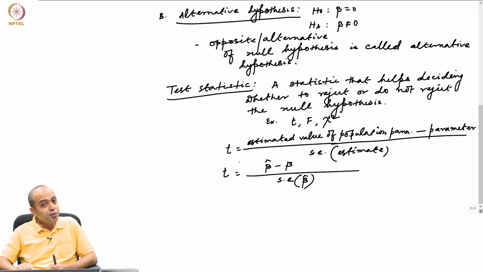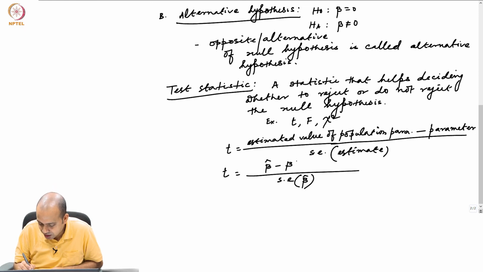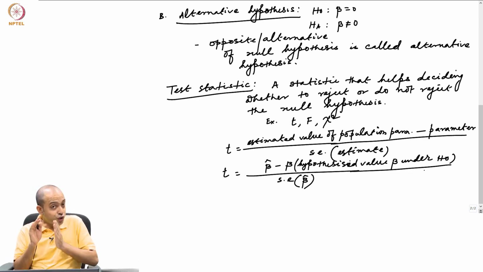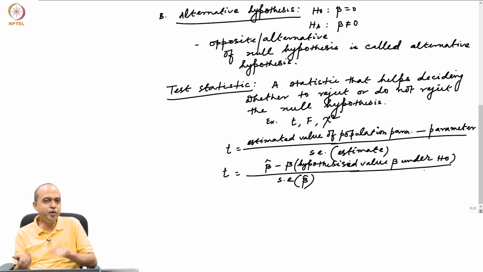Now, the population parameter is unknown, that is why instead of beta we will say the hypothesized value of beta under H naught. The original definition is beta hat minus beta, but beta is an unknown population parameter. Unless you put some value for beta, you cannot get a value for the t statistic.